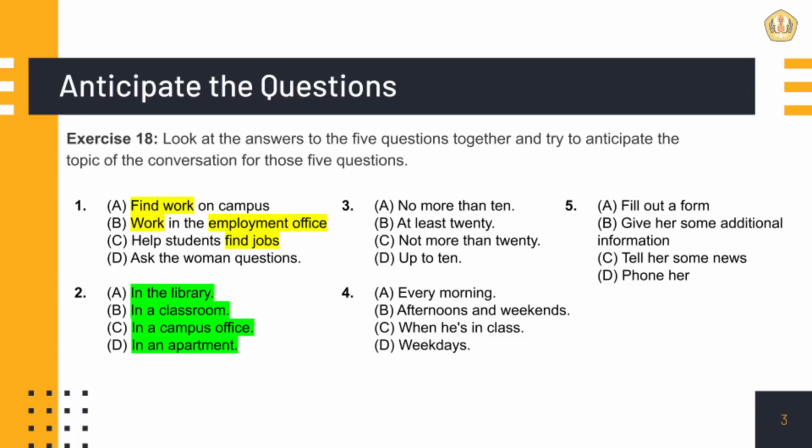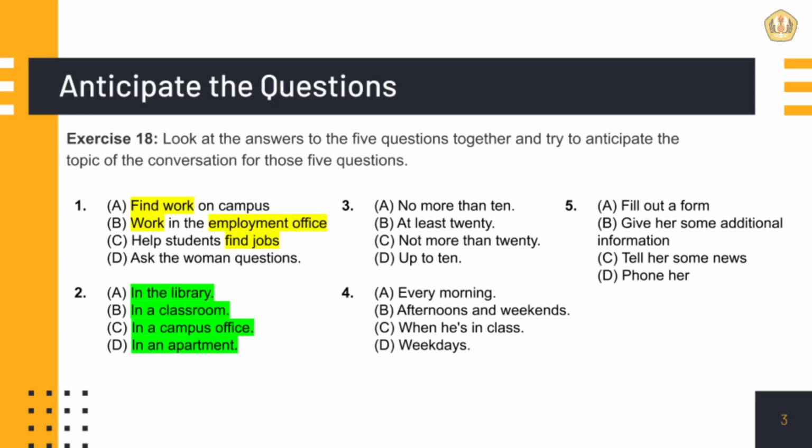And the next question, number two, as you can see here, all the options are places like the library, classroom, campus office, apartment. So we can guess that the question will be a where question, probably where does the conversation take place, for example, right?